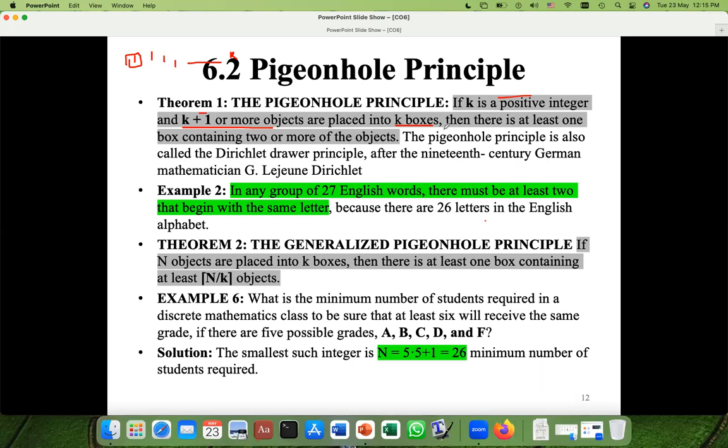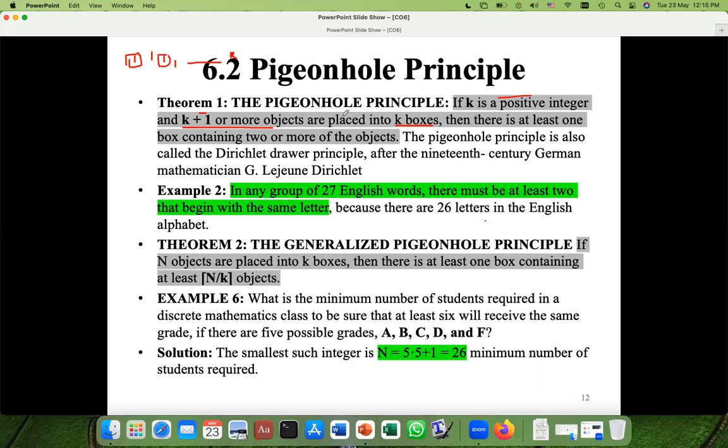So this statement is saying that if you have k boxes and you want to place k plus 1 or more objects, I have just given an example of only one extra object, but you can take 2, 3, 4 more, and place one more in that box, one more in that box, and so on.